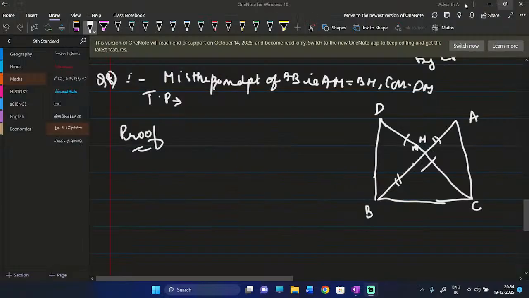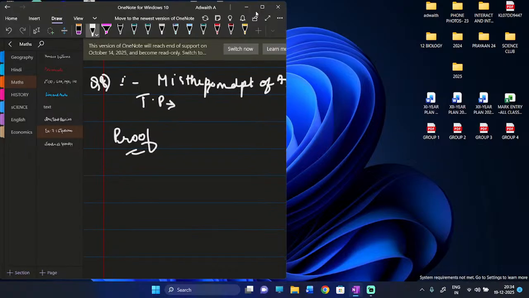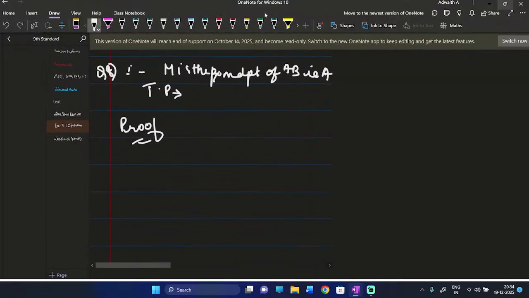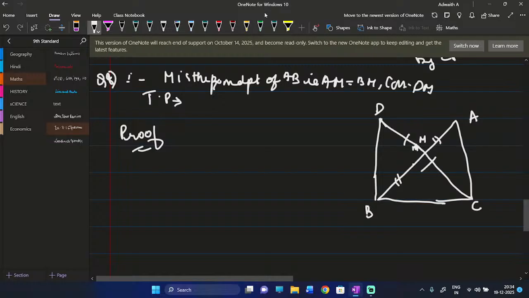Now what should I do? In triangle, I will prove. Before proving, these angles are vertically opposite angles, right? Angle 1 is equal to angle 2, vertically opposite angles.